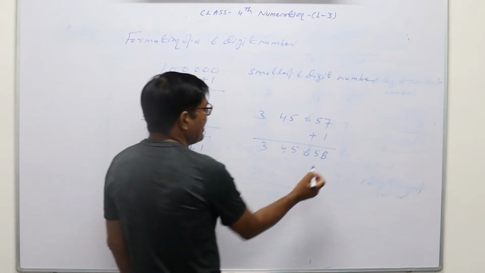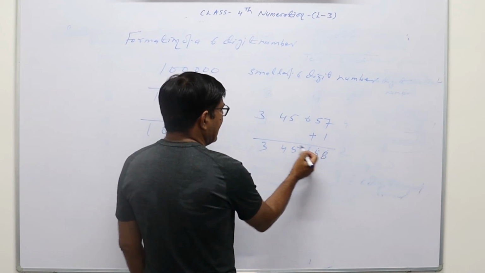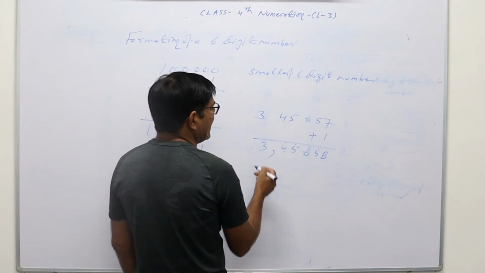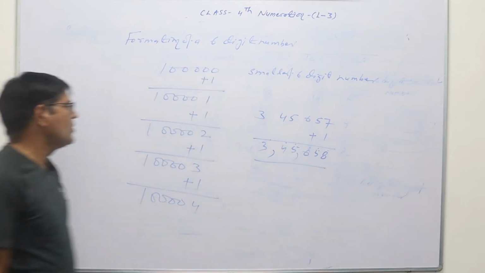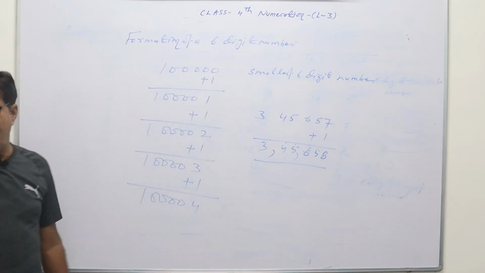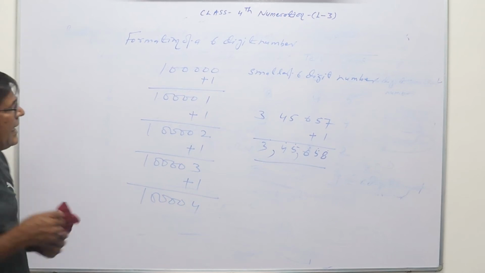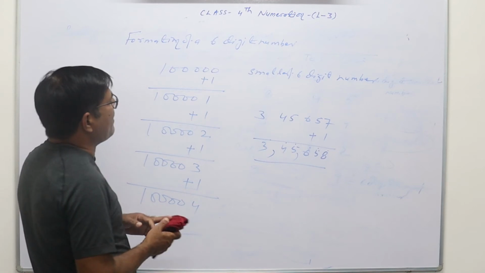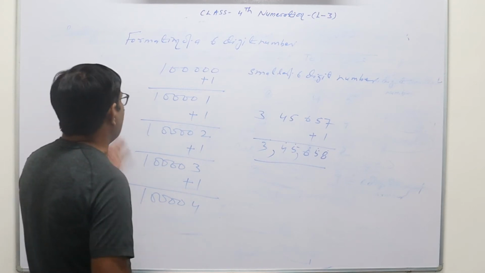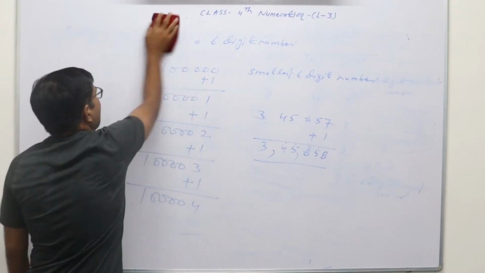So it will be the number at ones, tens, 100, 1000, 10,000, lakh. So 3,45,658. In this way we can form any number containing 6 digits, and a number containing 6 digits will be in lakhs.